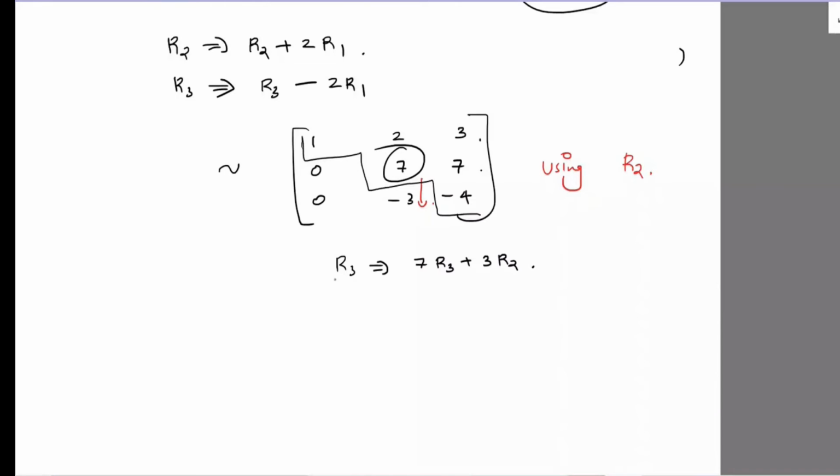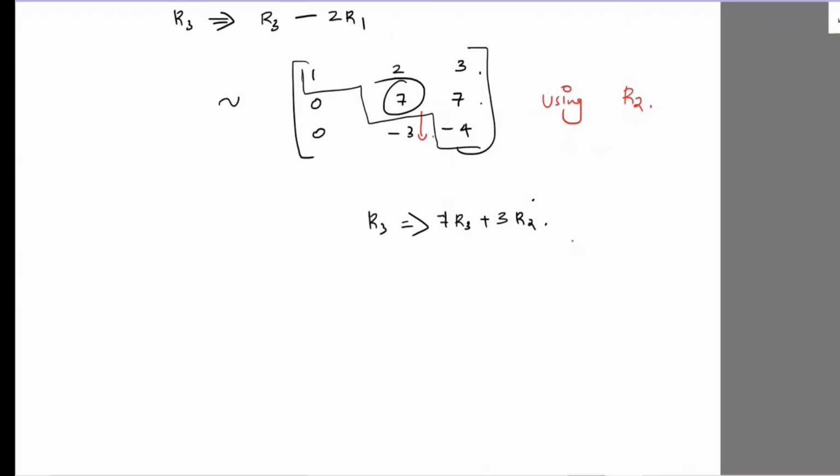So here the operation will be on R3 only. R3 changes to 7R3 plus 3R2. Now this matrix reduces to: there is no change in R1, that remains 1 2 3. The next row will be 0 7 7, and the third row will be 0 0.